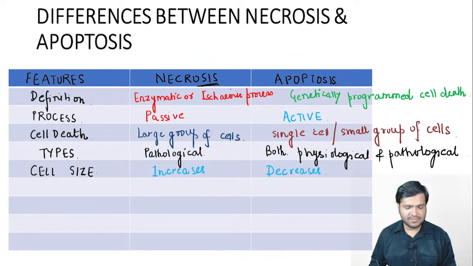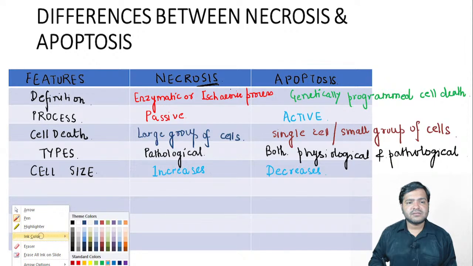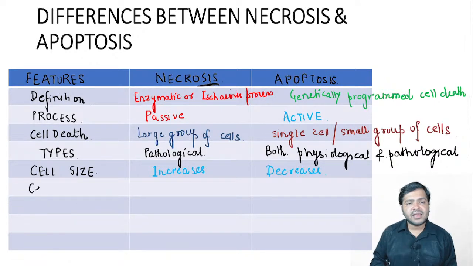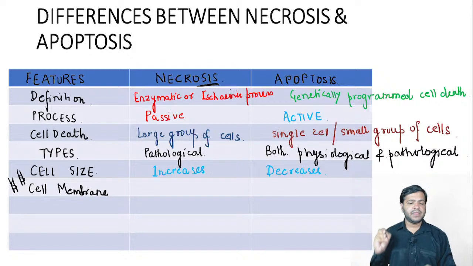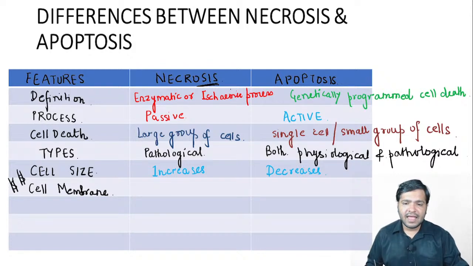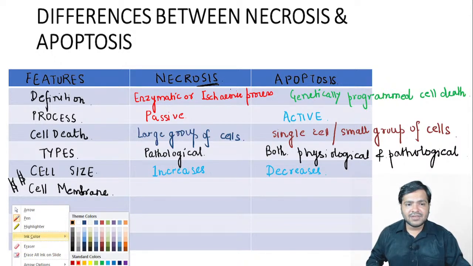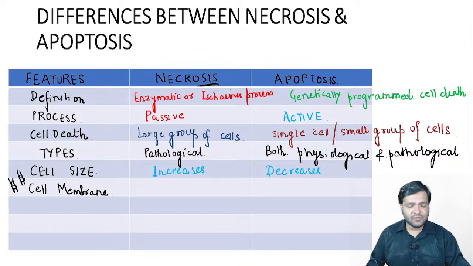Yes, Kanchandeep. Apart from that, remember the next feature. What happens to the cell membrane? That is again a very important question. I'm putting two signs over here. Can anyone tell me what happens to the cell membrane in case of necrosis? There is an activation of an enzyme called phospholipase.